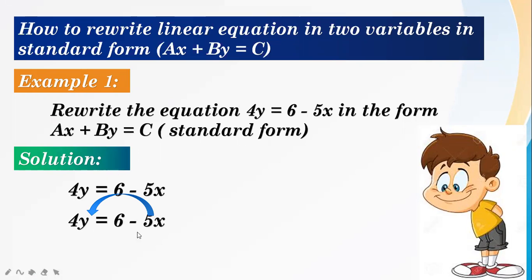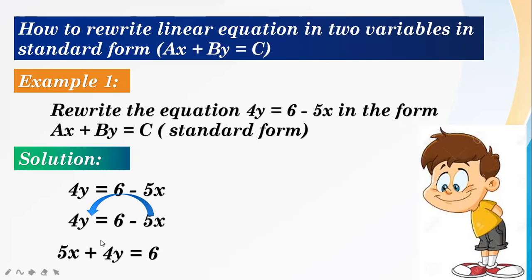Now all you have to do is transpose negative 5x from right to left, and you change the sign once you transpose. So we have positive 5x. Then we have positive 4y equals 6.